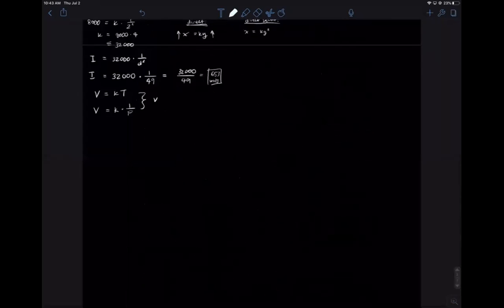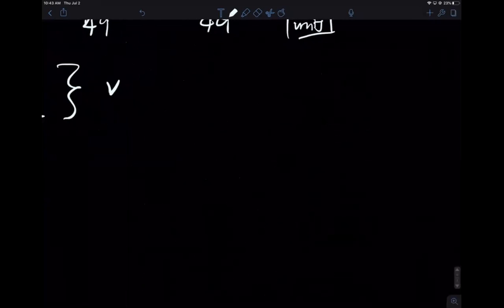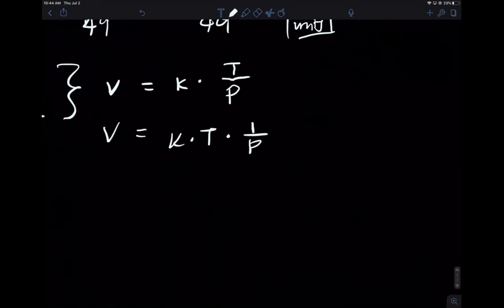It's combining both these relationships to get V equals K times T over P. So it's like K times T times 1 over P. Does that make sense?